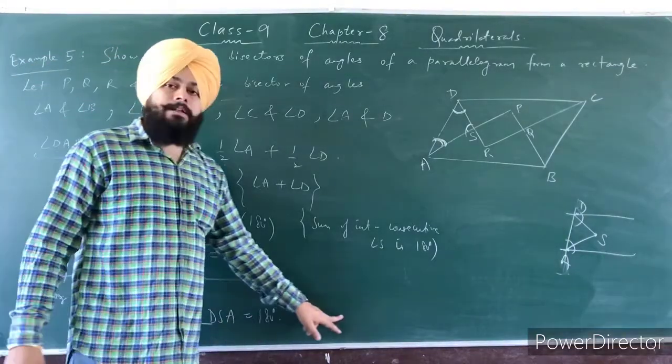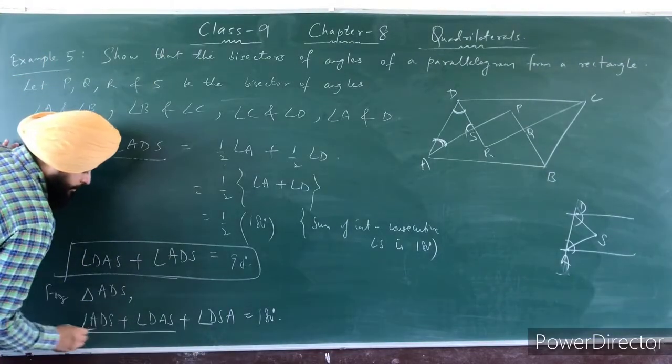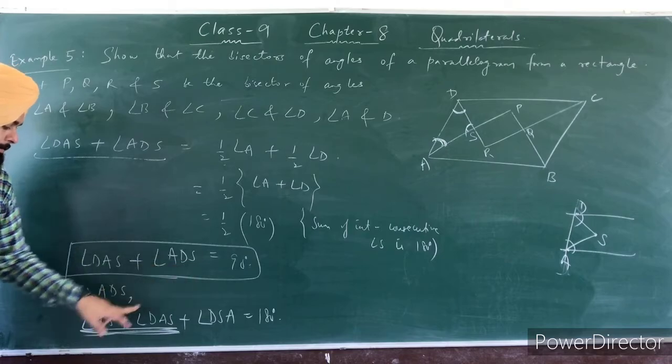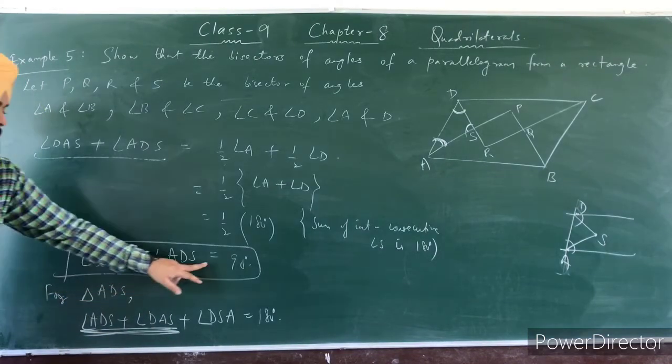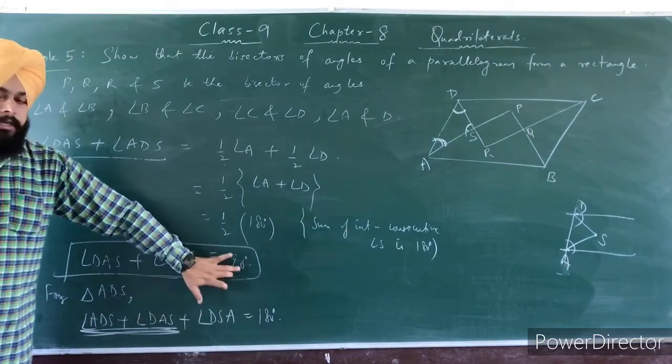This is the angle sum property of a triangle. Now you can see here the sum of these two angles, angle ADS plus angle DAS, is equal to how much? 90 degree. So you can put here the value 90 degree.